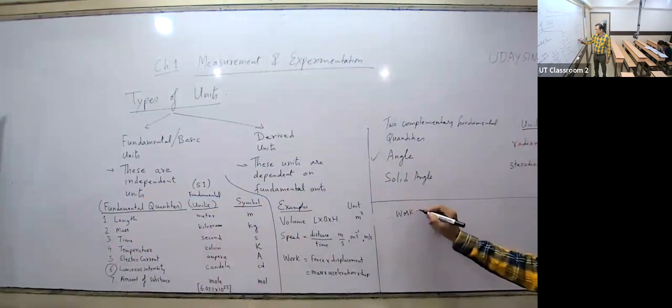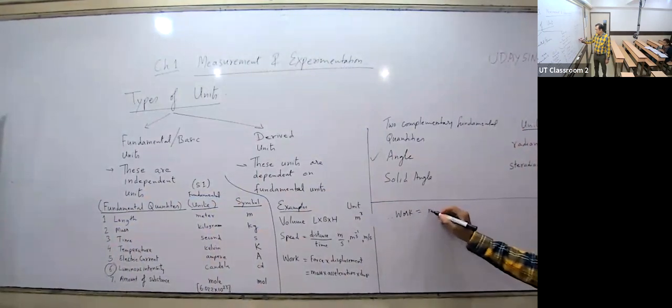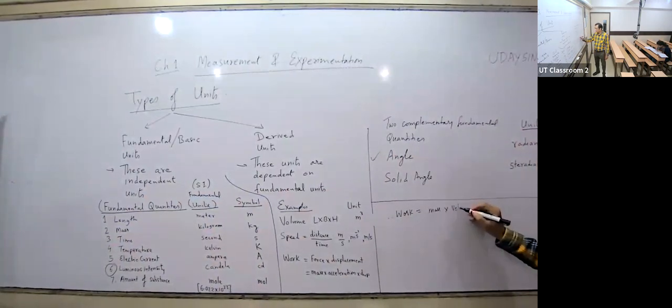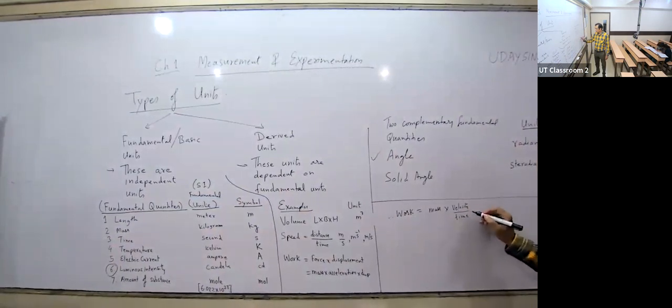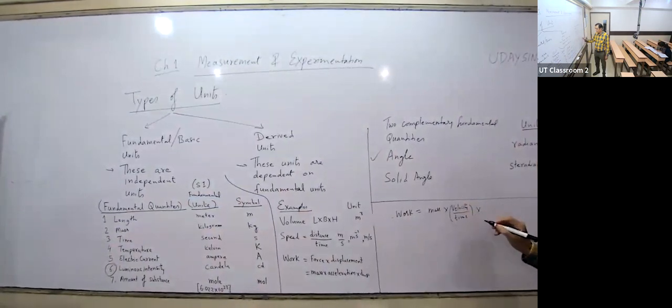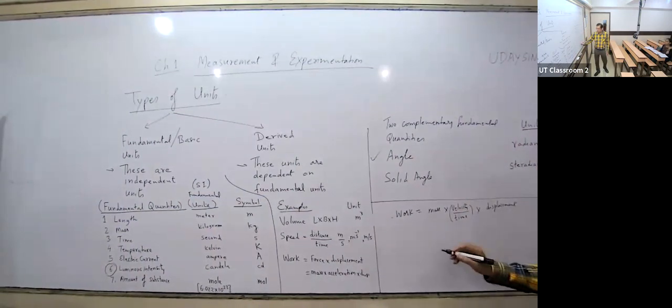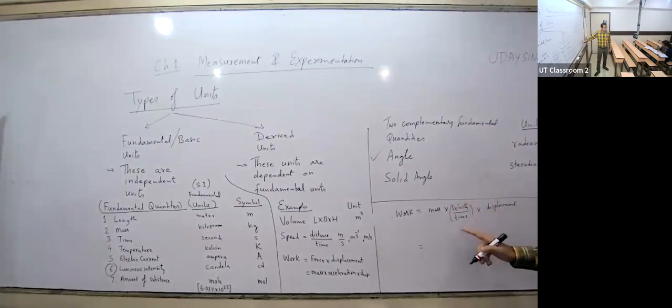So this is how a derived unit is found. So mass, acceleration is velocity upon time, into displacement. Because once you understand, then it becomes very easy. Then what is velocity? Displacement upon time. So it will become displacement upon time into time square.